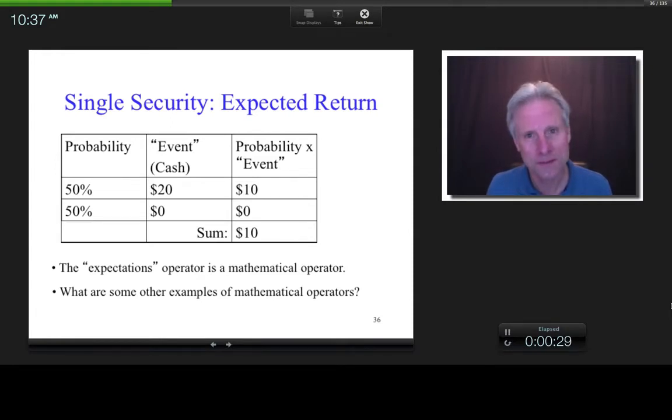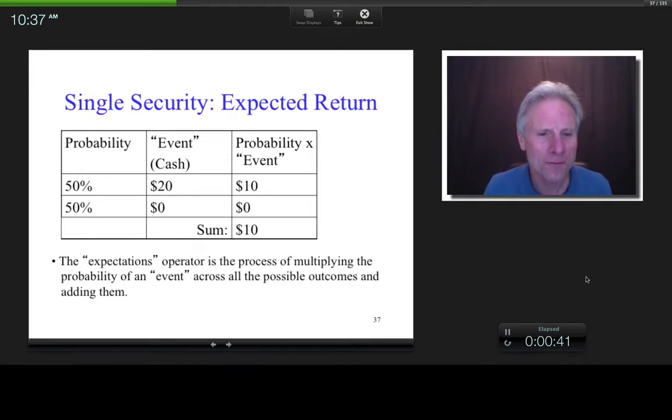Well, minus, divided by, multiply, etc. Those are all examples of mathematical operators. And the process of taking the probabilities and multiplying and then adding them up over that range, in this example, we're applying the expectations operator to this event, which I'm just calling cash. The event was either $20 or $0.